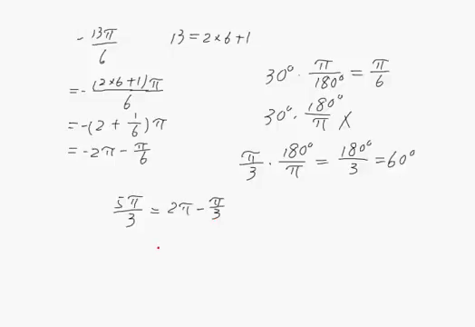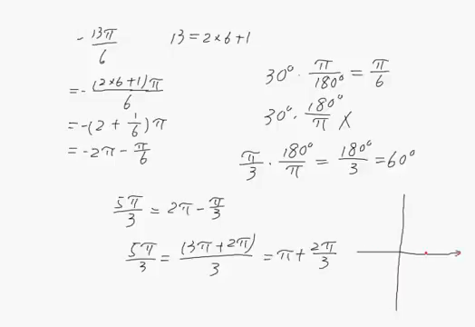So actually, you may first rewrite this as 3 pi plus 2 pi over 3, right? Then you divide each term of this numerator by 3, you get pi plus 2 pi over 3. Now you can sketch this angle.